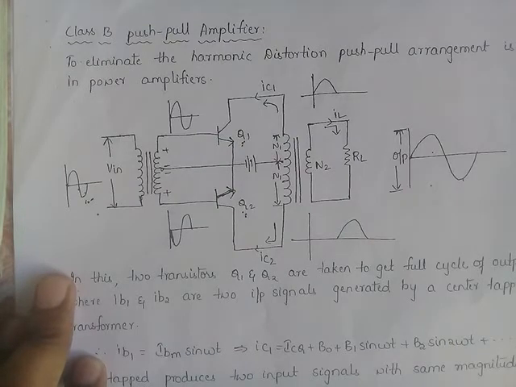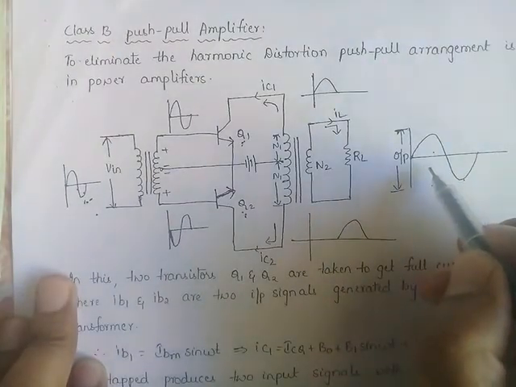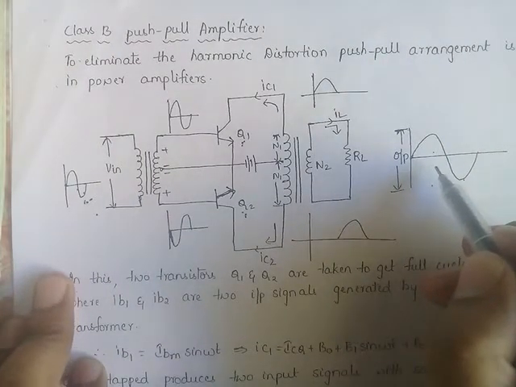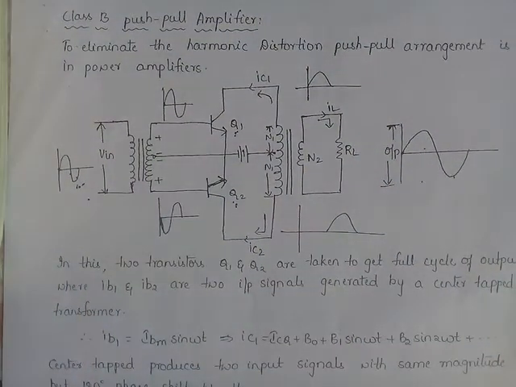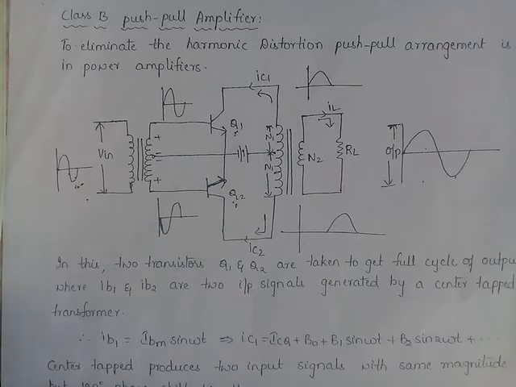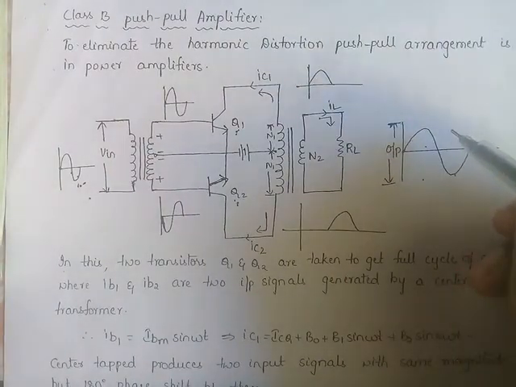Why are we taking two transistors at a time? We want to get the total full cycle at the output. For that reason only we are taking them. Whereas in class A operation of the power amplifier we are not getting the full cycle, we are getting only the half cycle. So that is the reason.